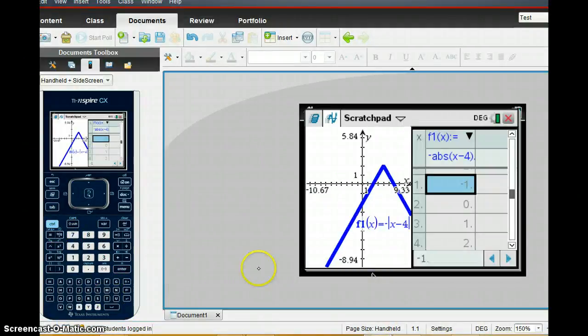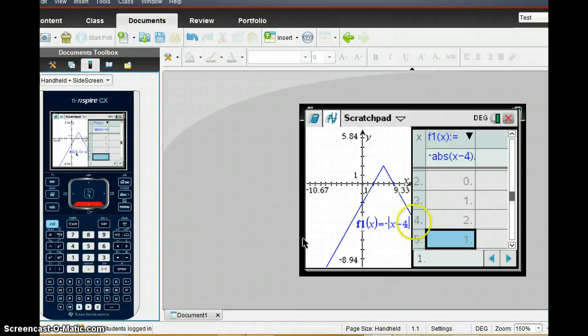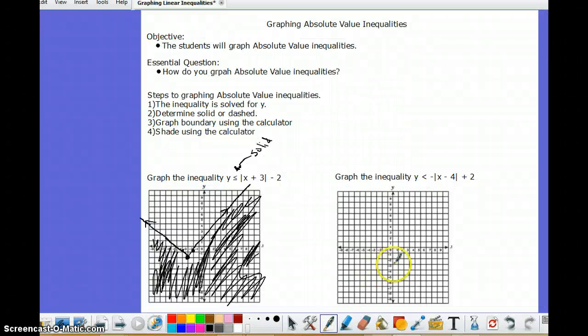Control T. So we said 4, 2. So it should repeat after 4, 2. And sure enough, we got the 1, 2, 1. So we have that repeating. So we're going to use 4, 2, 3, 1, and 5, 1. Alright, so we said 3, 1, 4, 2, and 5, 1.